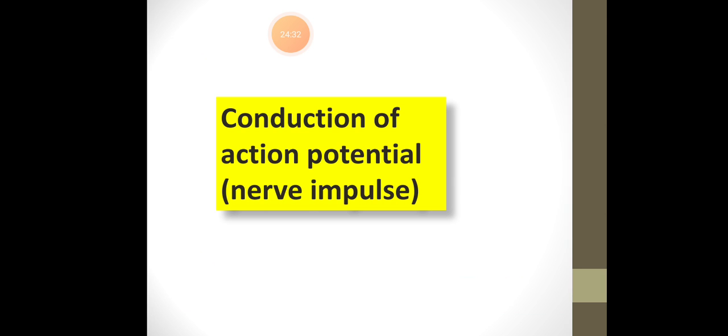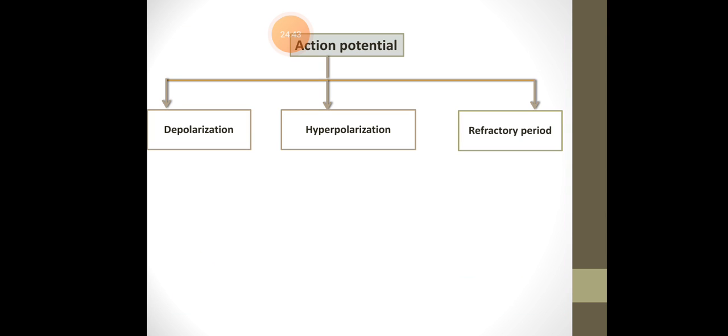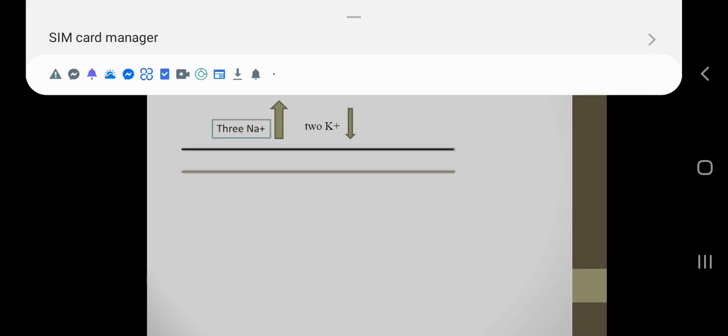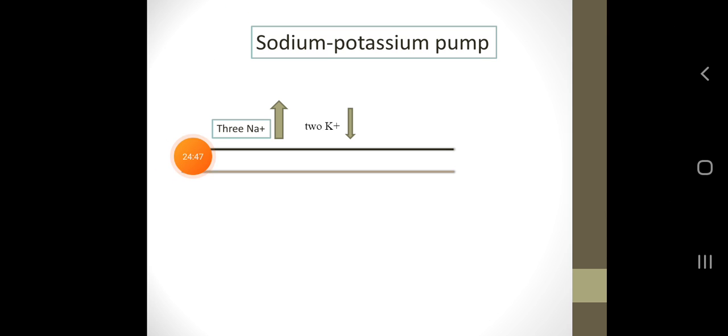In this manner, the depolarization and repolarization process is repeated through the axon.